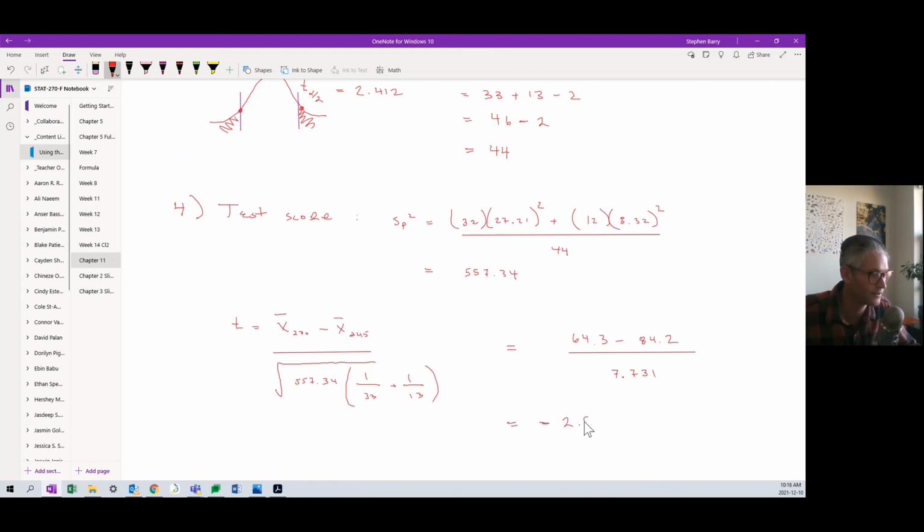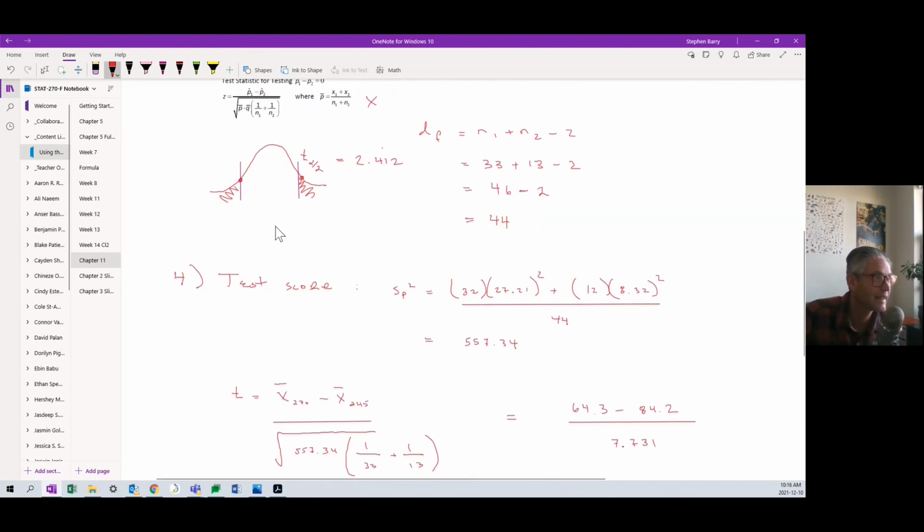Negative 2.57. And because it's a two-tail, I also have this t-score over here of negative 2.412. So the answer is yes, there is a difference, because this lands in the rejection zone.